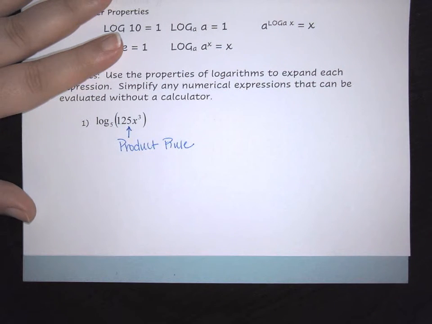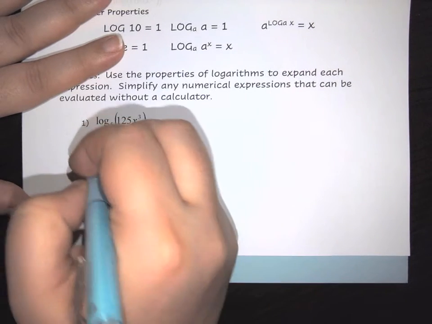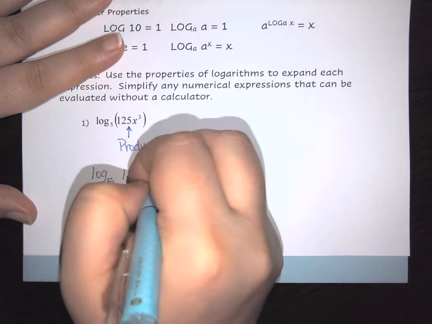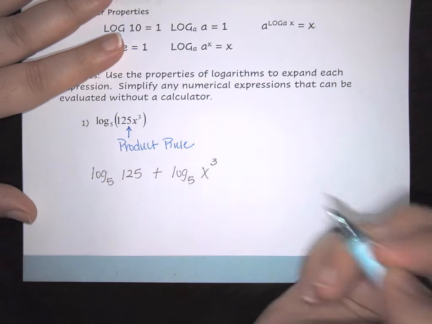The way I like to think about expanding is like peeling an onion, where we work from the outermost property into the innermost property. And so here the product rule comes first, which says we're going to expand this out to be log base 5 of 125 plus the log base 5 of x cubed.